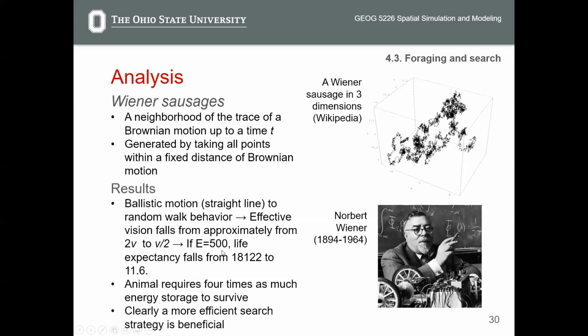So if the energy is 500, life expectancy falls from this huge number, 18,122, to 11.6. It means that if you change from straight line movement to random walk movement, an animal requires 4 times as much energy storage to survive.